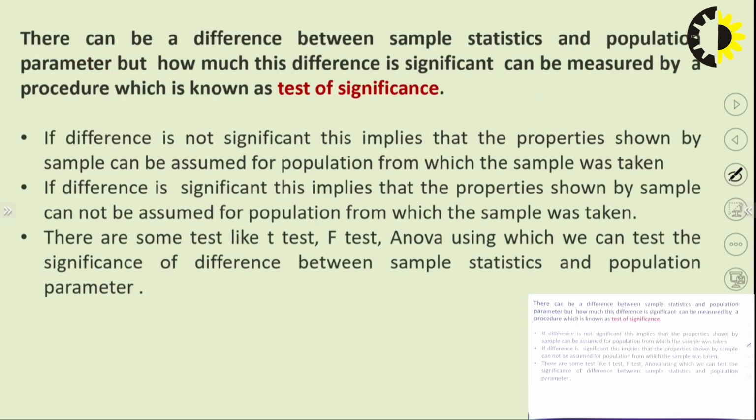Now you can observe a difference between the sample statistic and the population parameter, but it should not be there because we are taking a sample from the population. Then there should be no difference between the statistic and the parameter, but somehow you may observe a difference between them. The next thing we should do is test the significance of the difference that arises between the sample statistic and the population parameter.